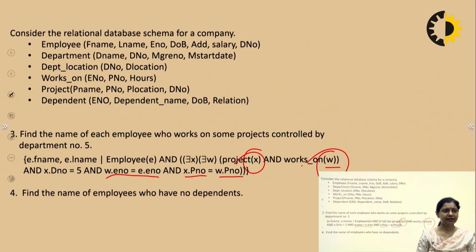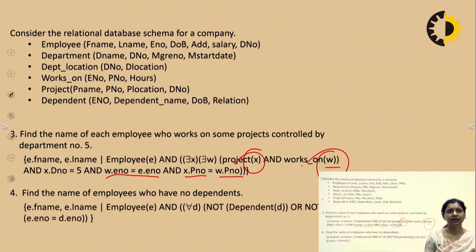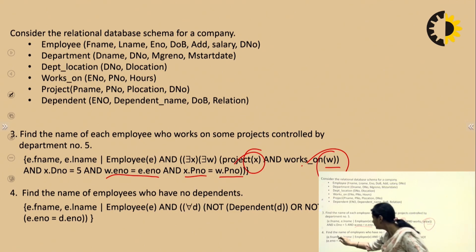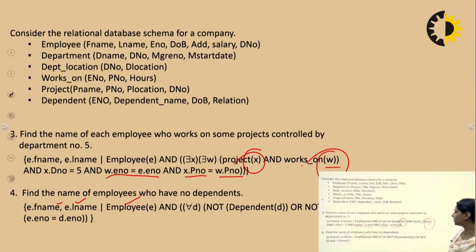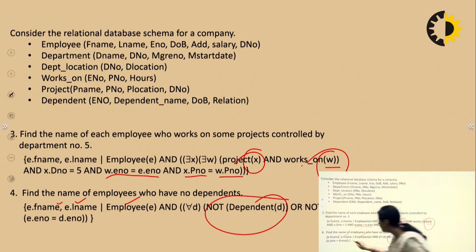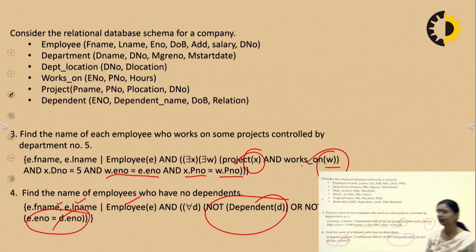The next one that we have is to find the names of the employees who have no dependents. Now, when we are working on no dependents, in that case, we are working on the negation part. Names of the employees, again the first name and the last name from the employee table, and where we do not have any dependents, so we'll have not of dependent D, or we say we do not have these employees as equal.